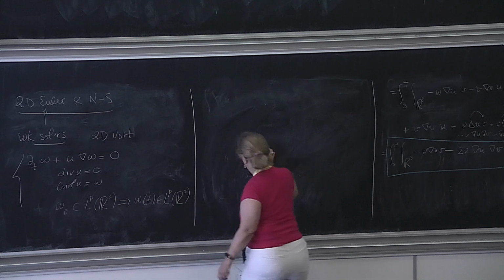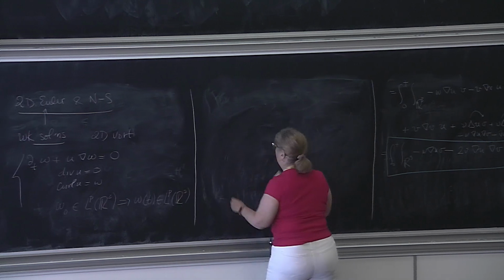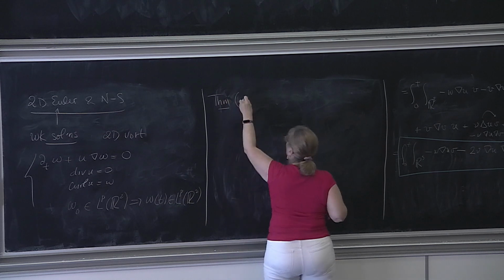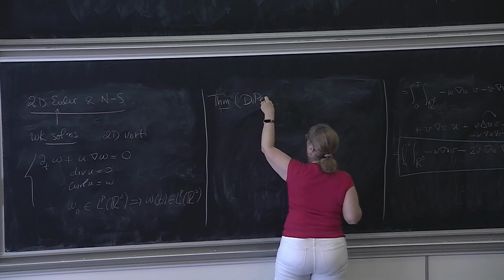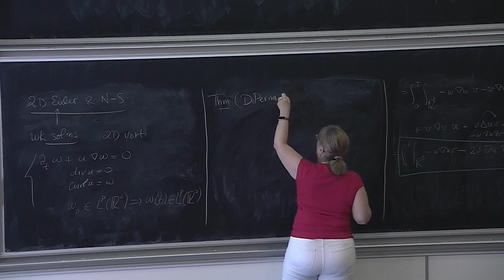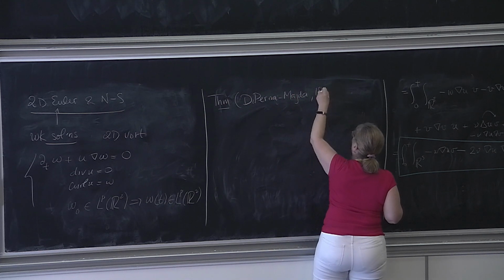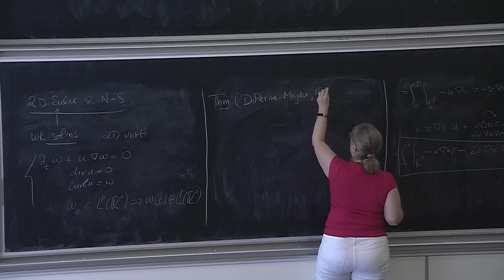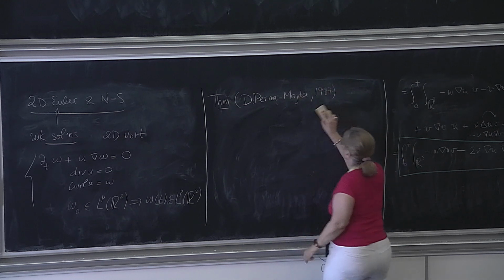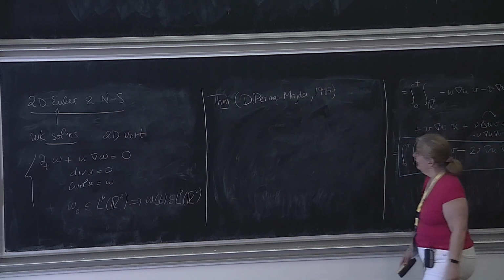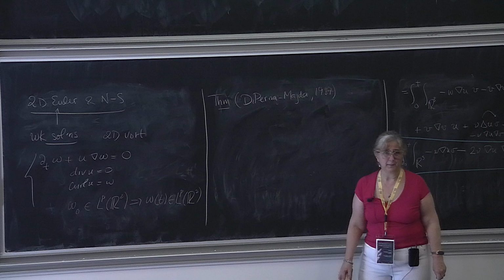So the first result that I want to mention is the following theorem. Although it's an easy theorem, it's relatively recent. 87, I think. Something like that. Okay. It's due to DiPerna and Andy Majda.